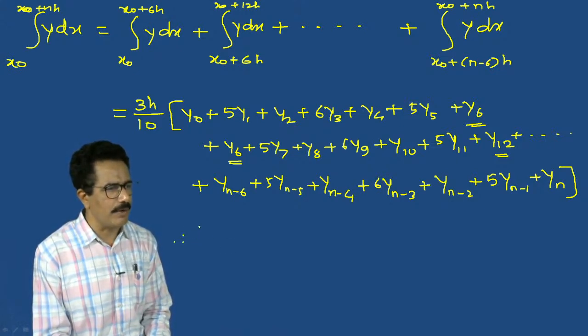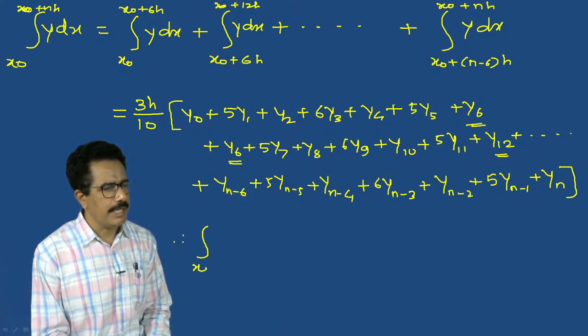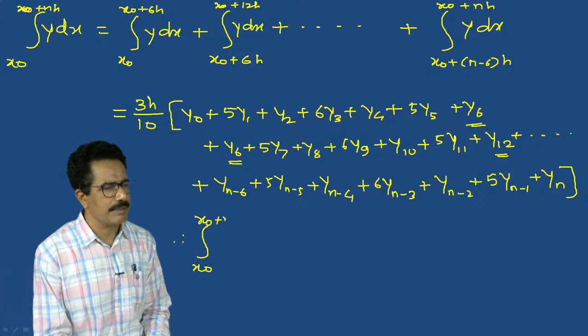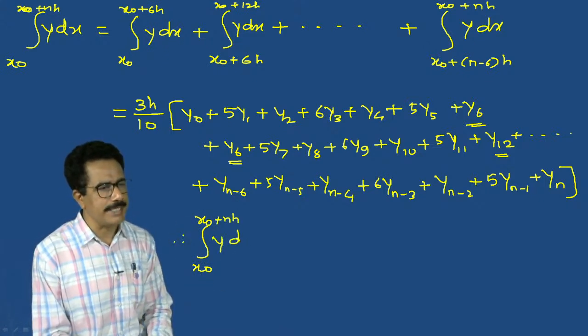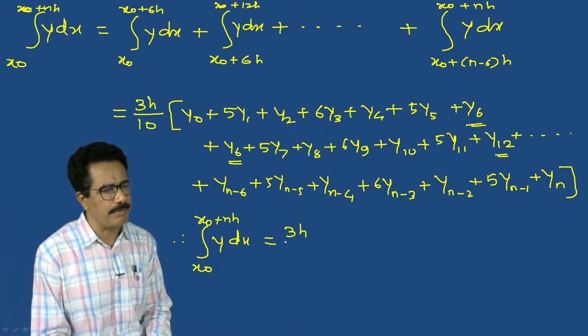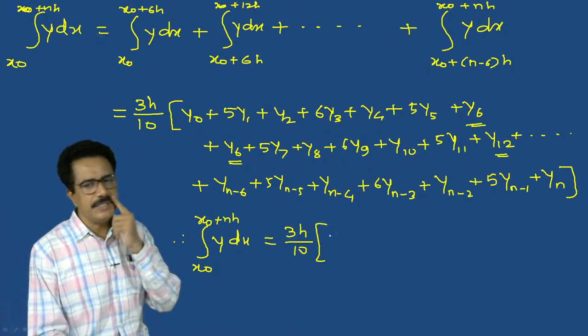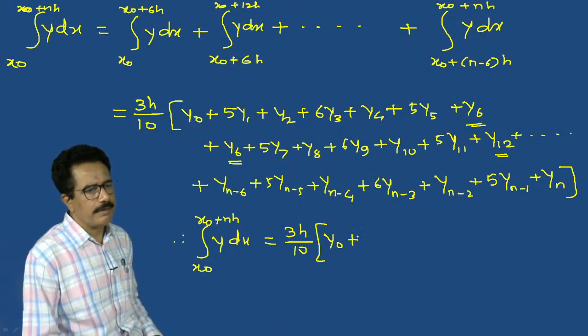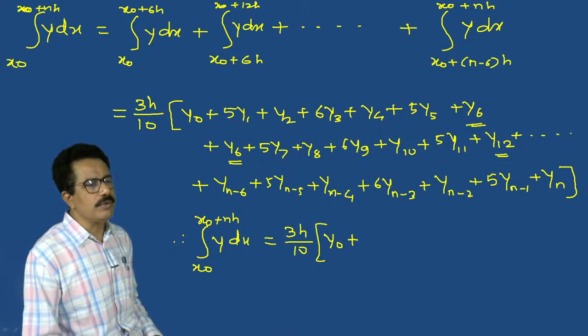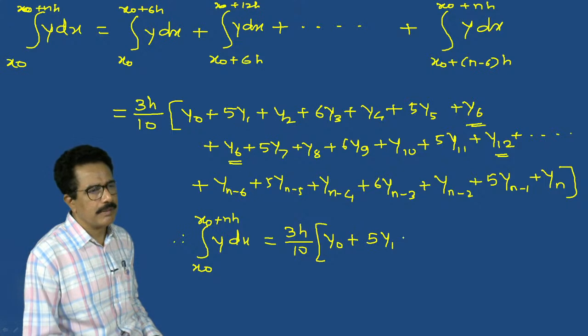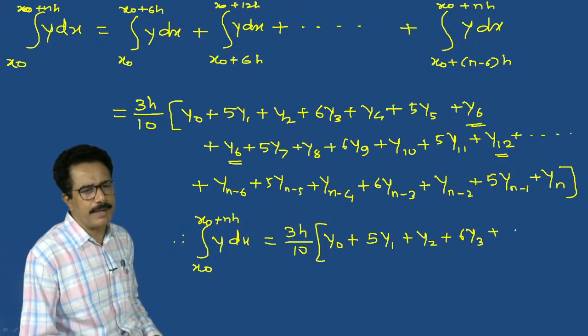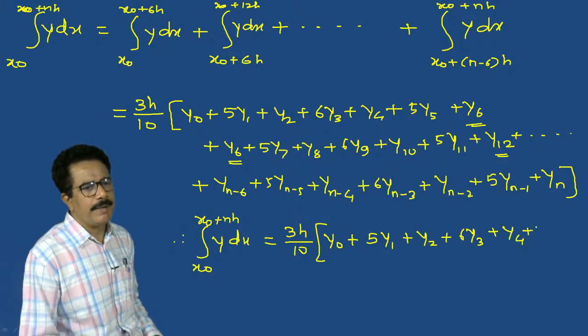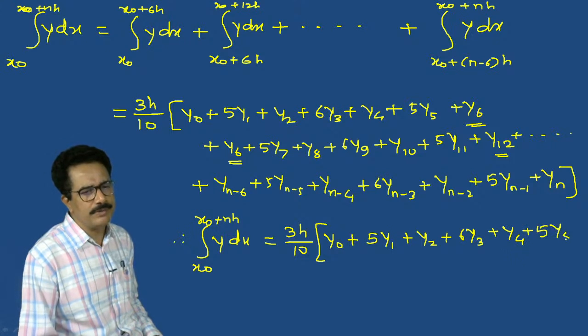Therefore the integral from x0 to x0 plus nh of y dx will be 3h by 10 into y0 plus 5 times of y1 plus y2 plus 6 times of y3 plus y4 plus 5 times of y5 plus 2 times of y6.